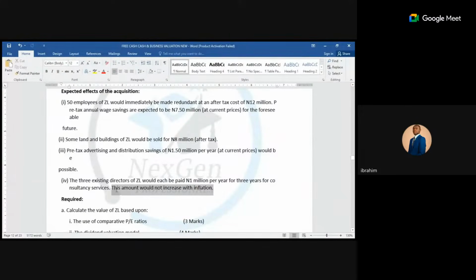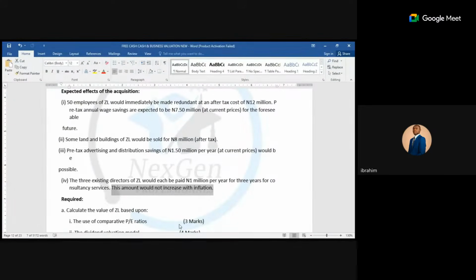Class, what does this mean? If they say this amount will not increase with inflation, what does that mean? Considering the fact that we need to pay the directors off, I want you all to understand this question. It is not complex, right?